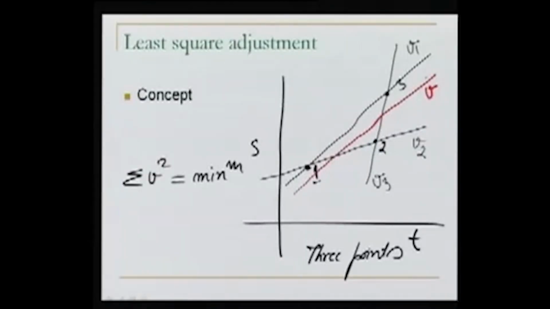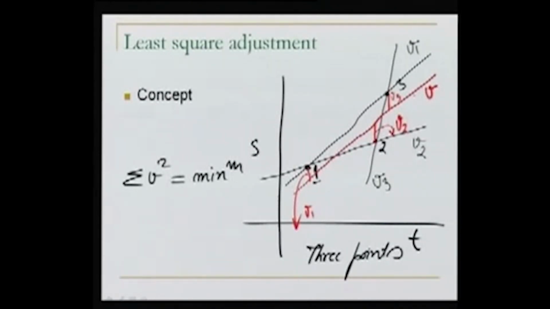The meaning is, if we fit this line to these 3 points, there are deviations of the line from these points. So these deviations I can say as, let's say V1. Over here V1 stands for residual or the deviation, V2, not for the velocity, and V3.